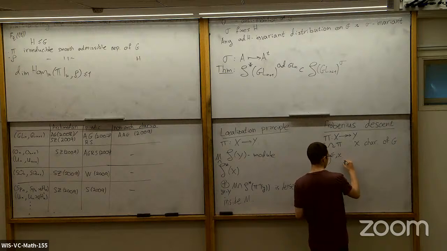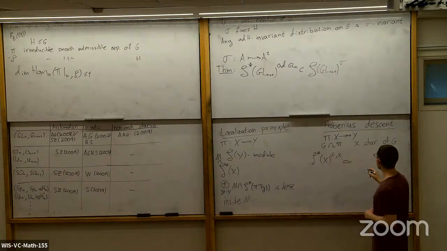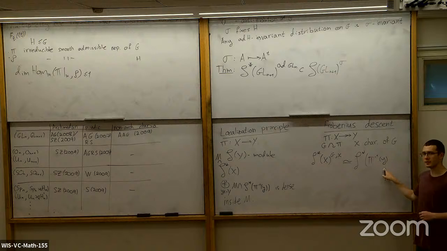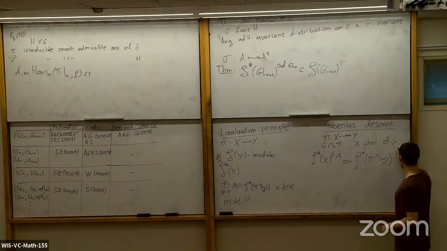Then it's naturally isomorphic to the space of distributions on pi inverse y, where y is just some point in Y that we choose. It doesn't matter which. And here we write the stabilizer inside G of y, again with the character chi.